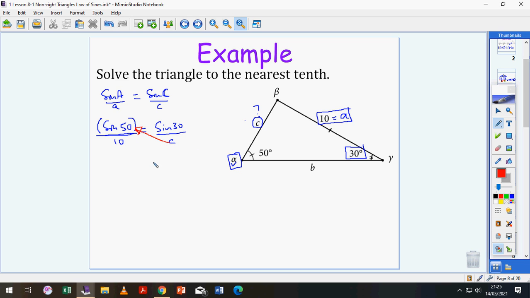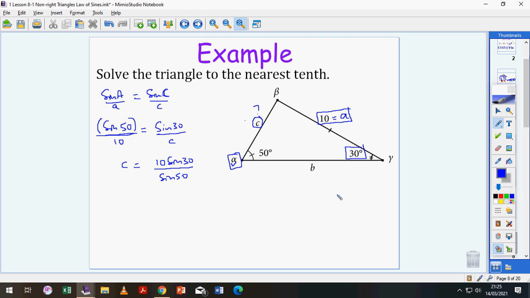If it goes over there, that means the 10 has to come over there, and the sine 50 also needs to move and replace the C. I'm doing this in one step because I want you to get comfortable doing it in one step so you don't spend so much time solving. C is directly equal to 10 times sine 30 divided by sine 50.